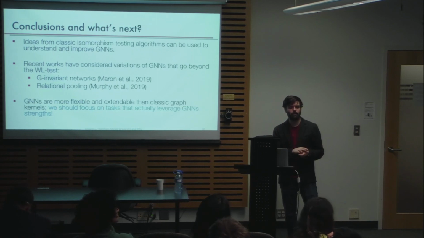It gets more difficult because when graphs have continuous features, then in expectation no graphs are isomorphic to each other. But in practice, leveraging these node features helps a lot and is a big strength of graph neural nets, because the WL algorithm can't deal with continuous features.